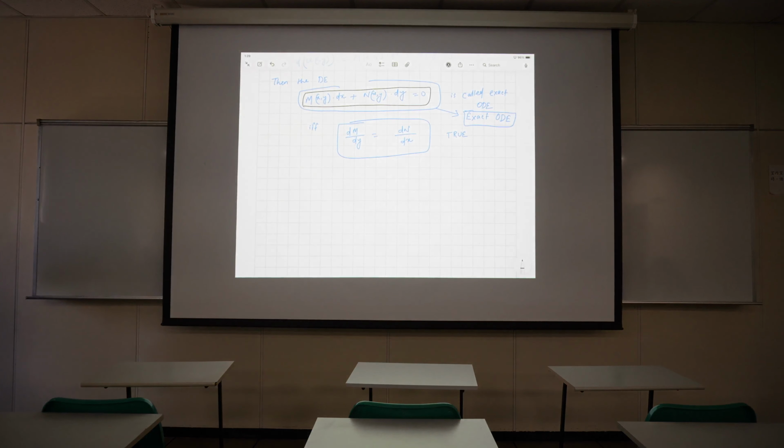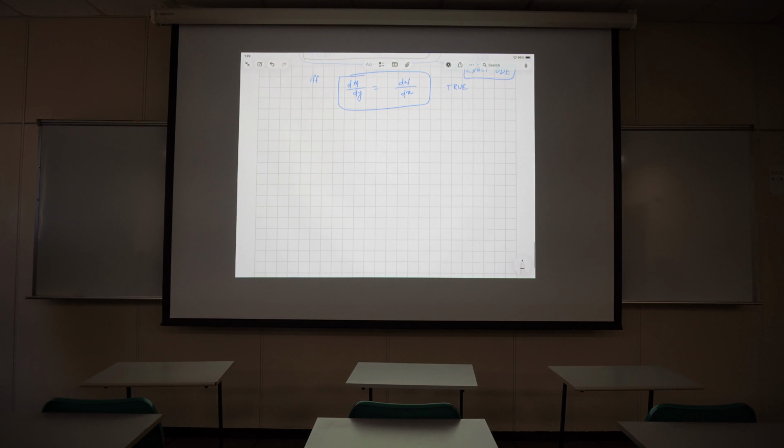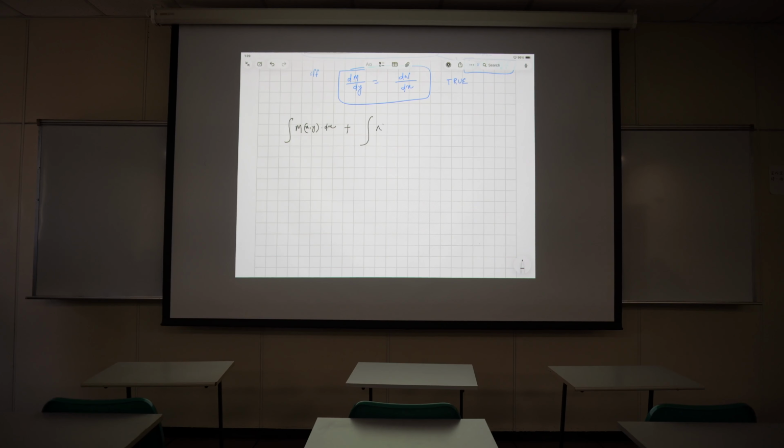Then the alternative solution method is very simple: we write the integration of M dx plus integration of N dy is equal to c, with some conditions.